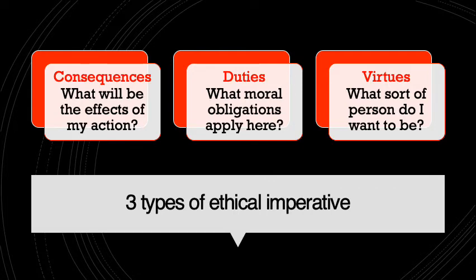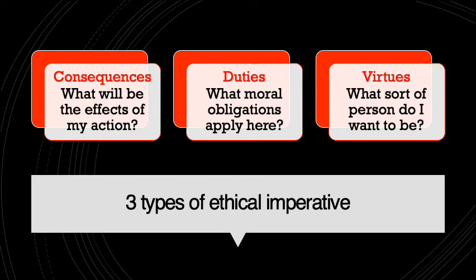Thirdly, there's the ethical imperative of virtue. Now, moral or ethical virtues are taken to be characteristics of a person. A person is virtuous or has vices. When we're concerned about virtue, we ask ourselves, what sort of person do I want to be?